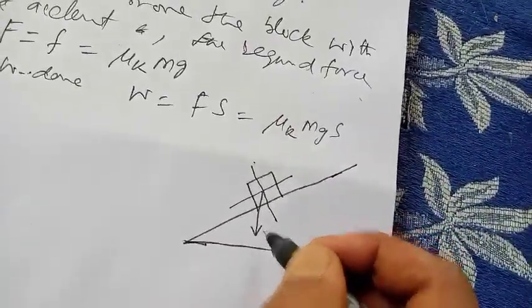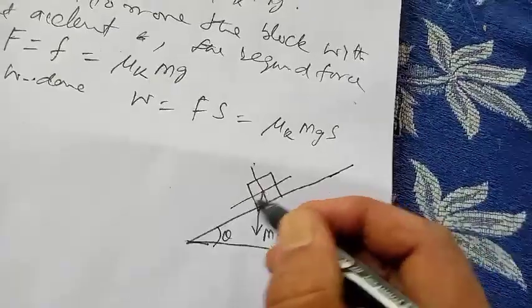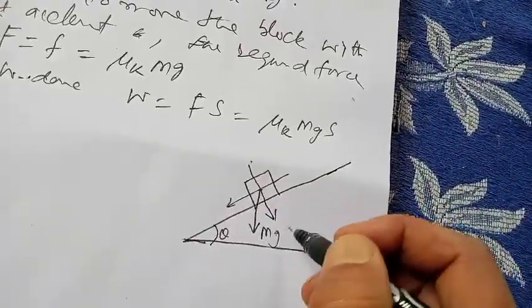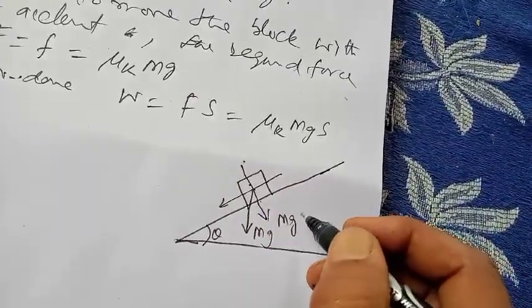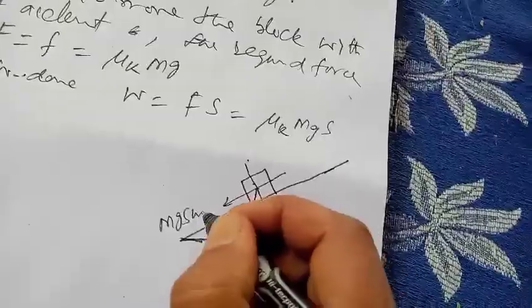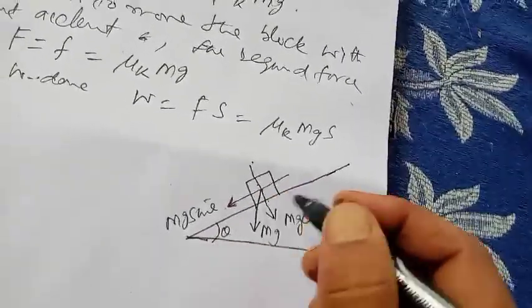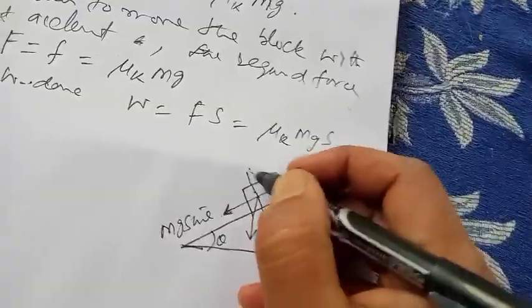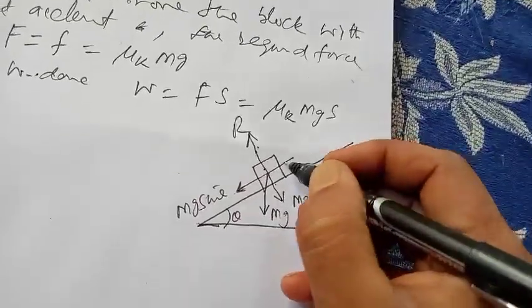The weight mg acts vertically downwards. This weight mg can be resolved into two rectangular components. One is mg cos theta, which is perpendicular to the inclined plane, and another is mg sin theta, which acts parallel to the inclined plane downwards. This is the normal reaction R, which in this case will be equal to mg cos theta.